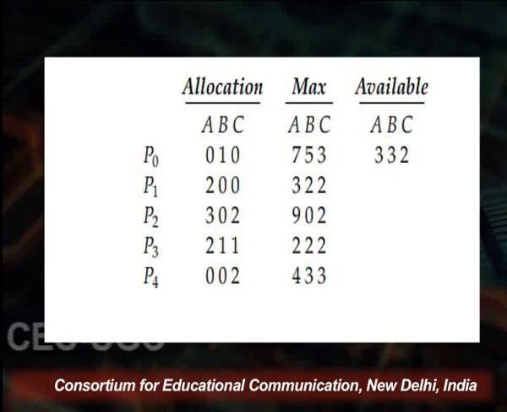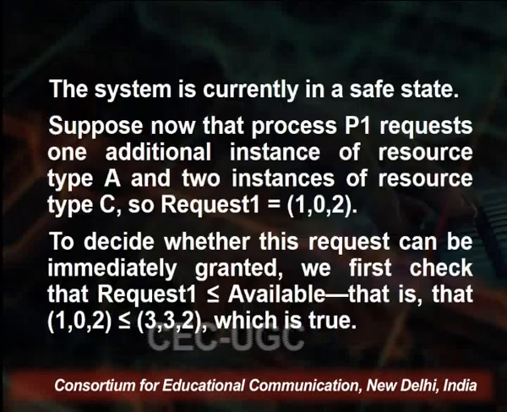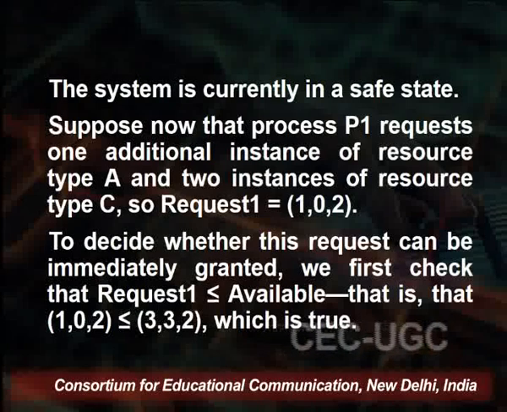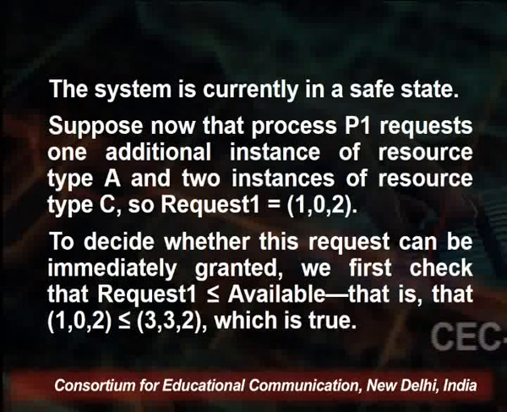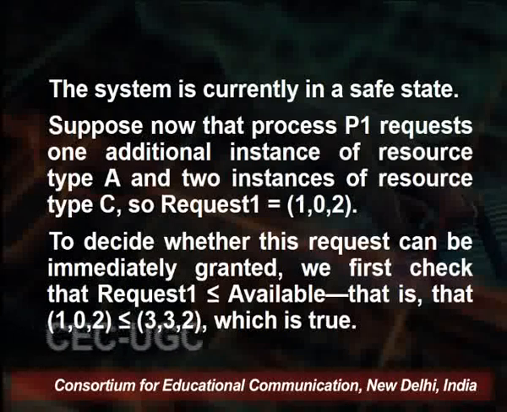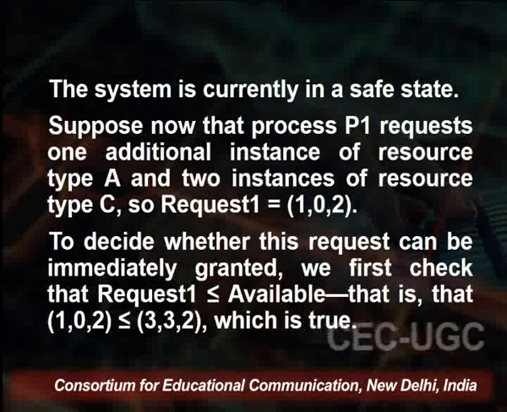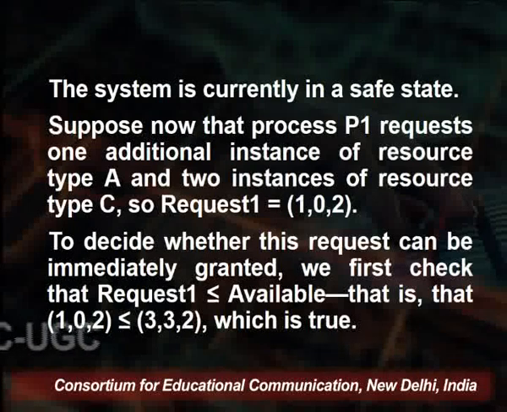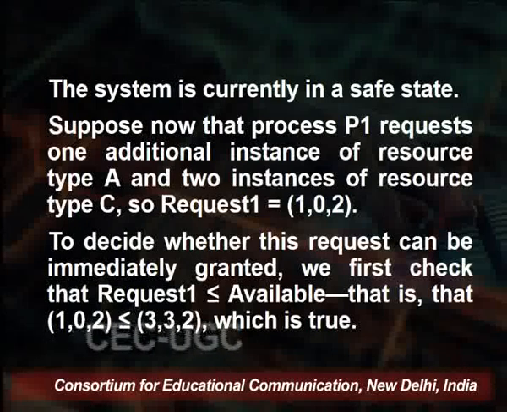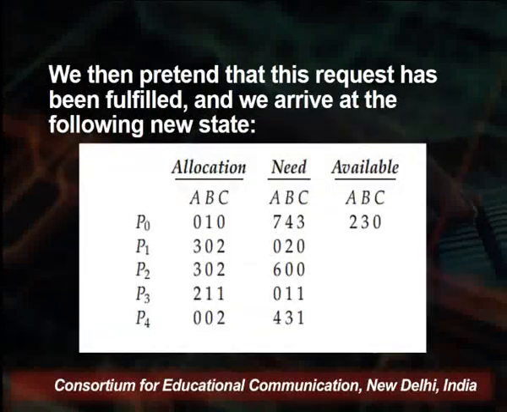Even if we allocate 102, which is a lesser or equal quantity of all the resources, because the C resource is equal here, the request of process P1 is less than available. So we can say that yes, we can allocate this resource.